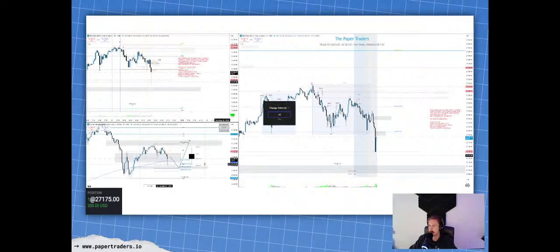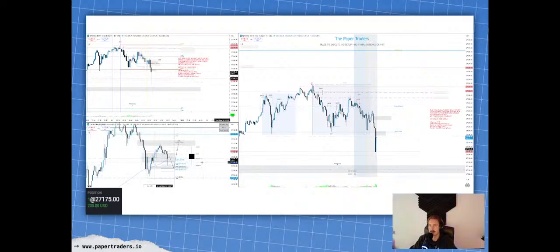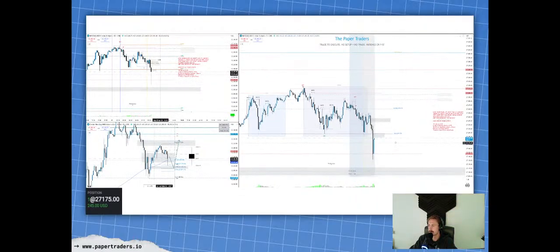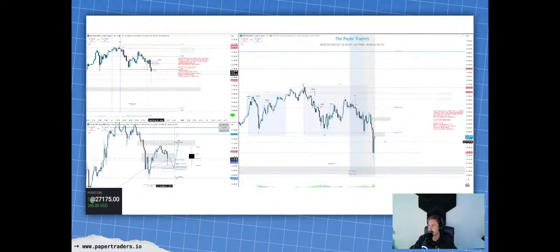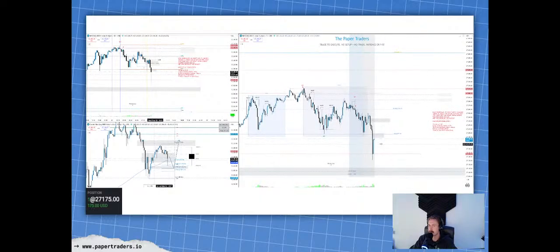So it's 30 minutes doing. Let's see, 10 more seconds left in this 5-minute candle and this 15-minute candle. So a new 15-minute opens up.